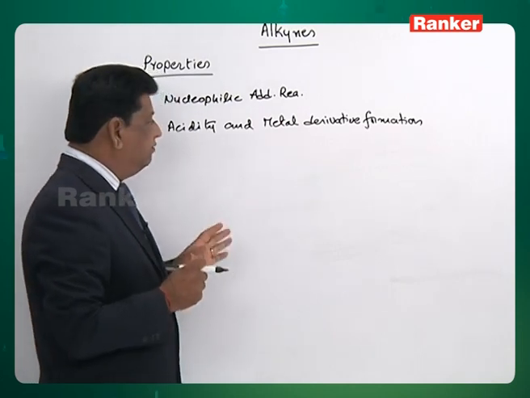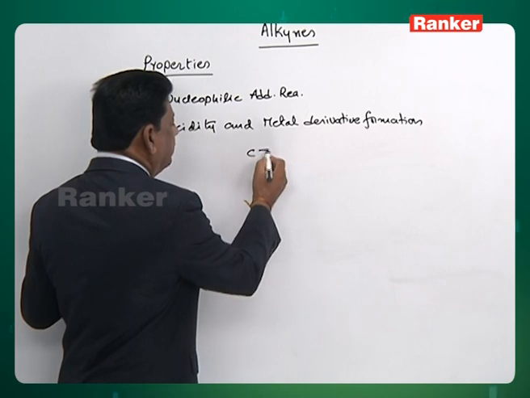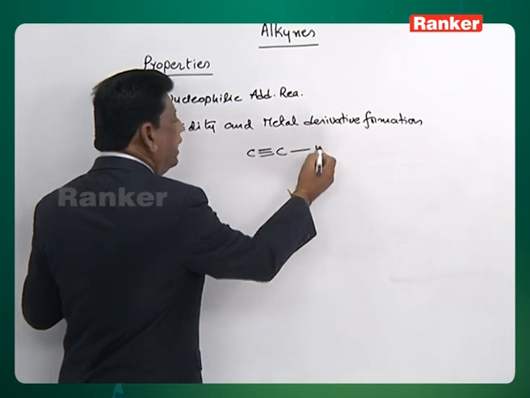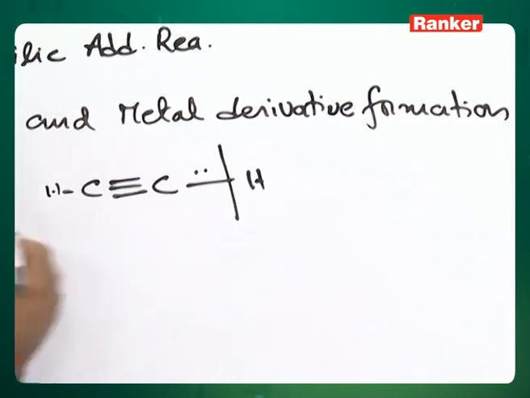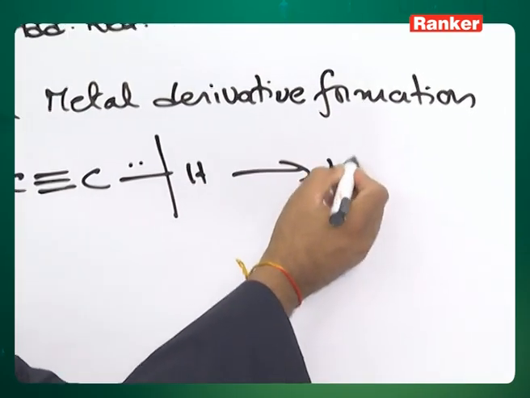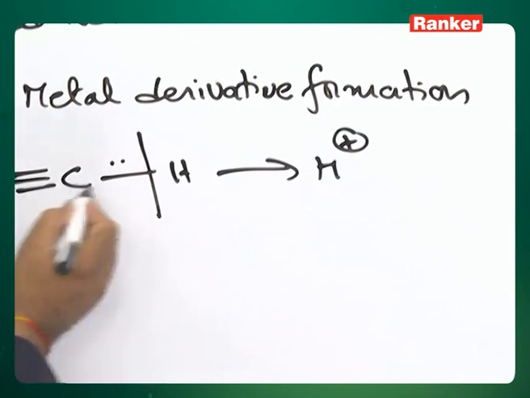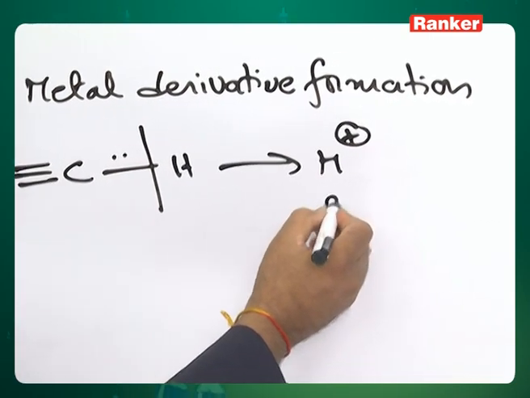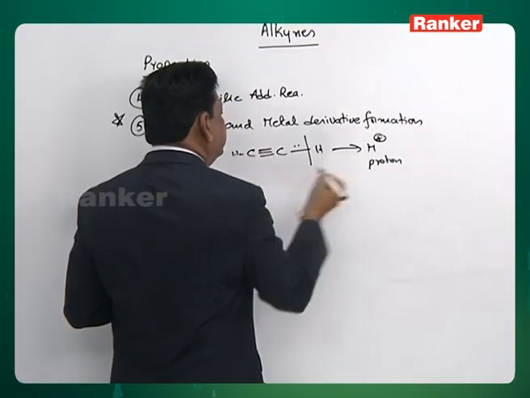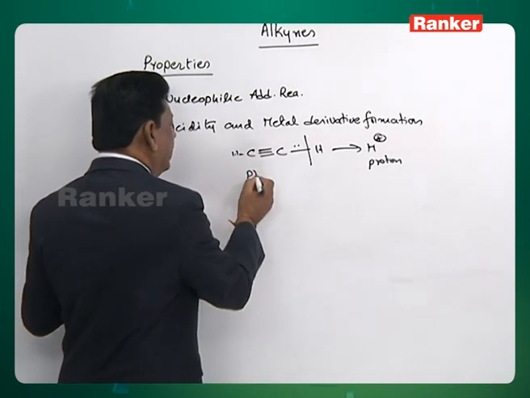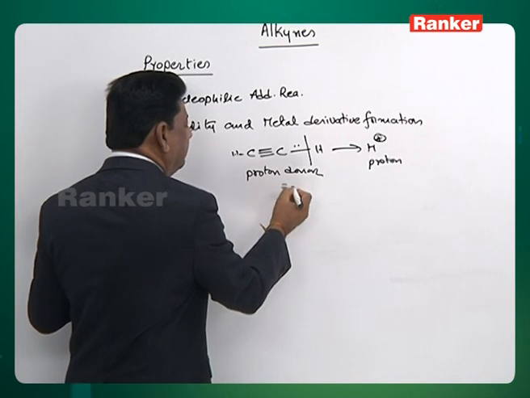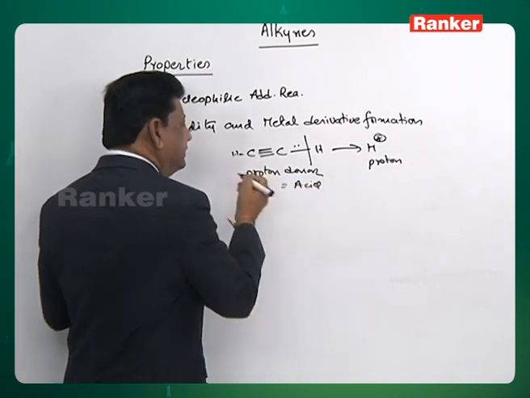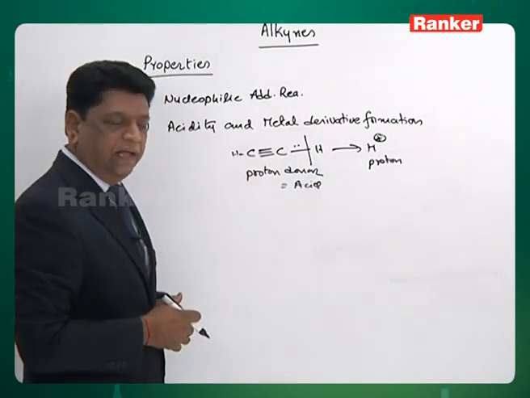However, whenever the acetylenic carbon holds one hydrogen, the bond breaks heterolytically and liberates a proton plus the acetylide anion. This is a proton donor. Therefore, proton donors are defined as acids. That's why acetylene is behaving like an acid.